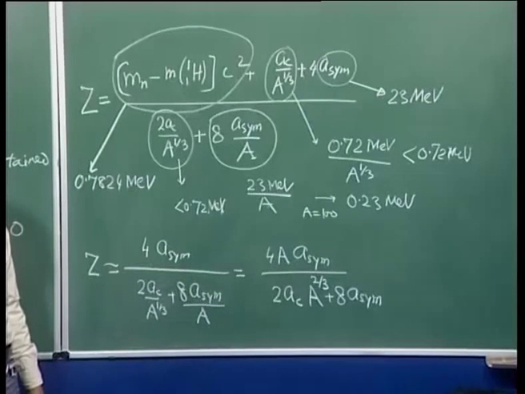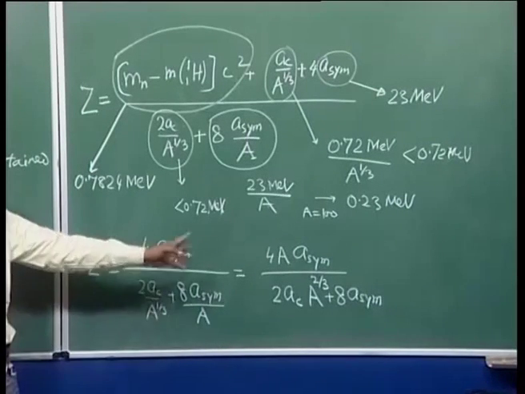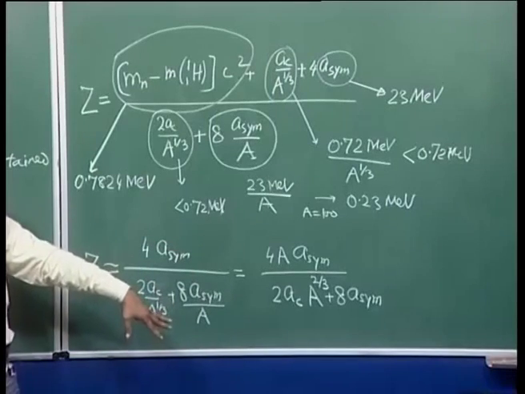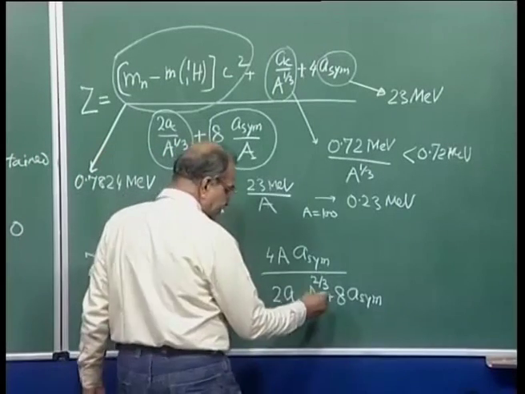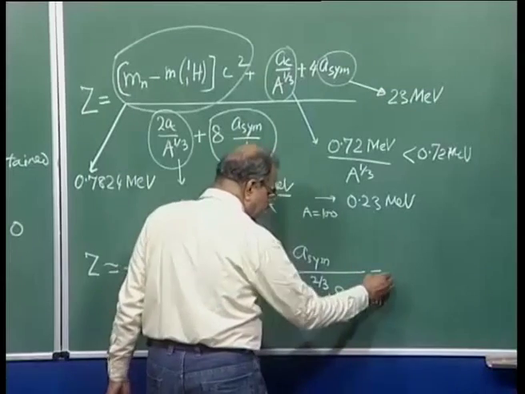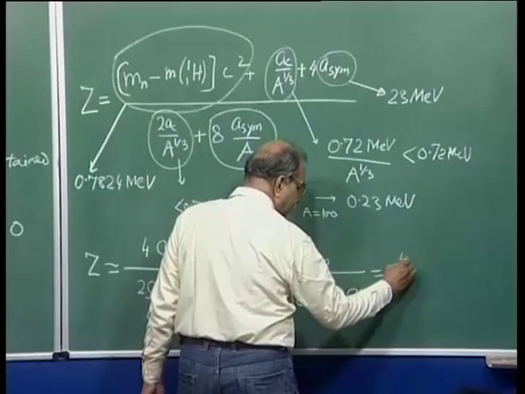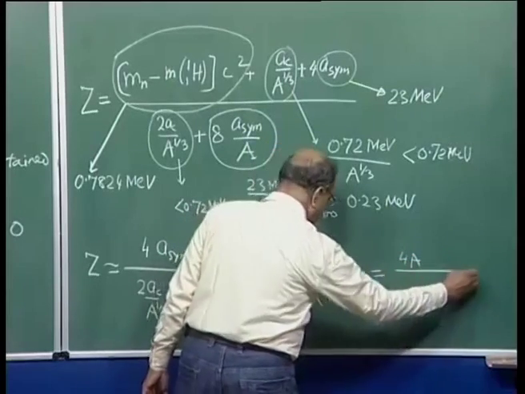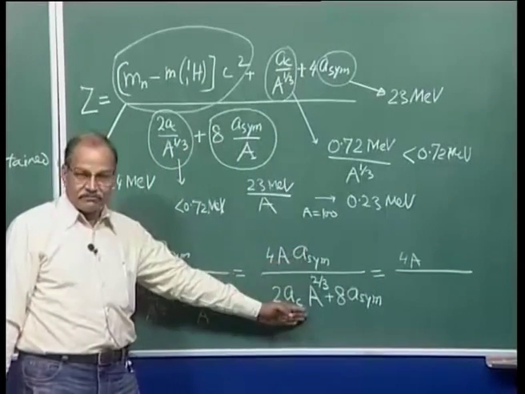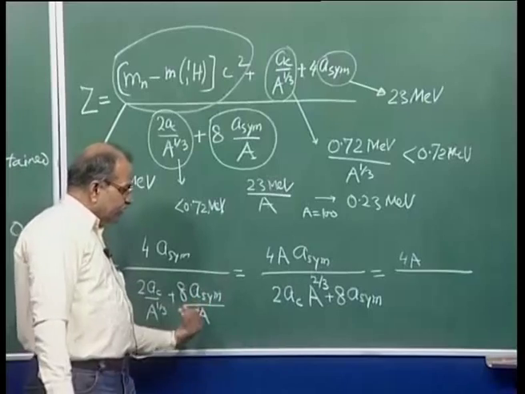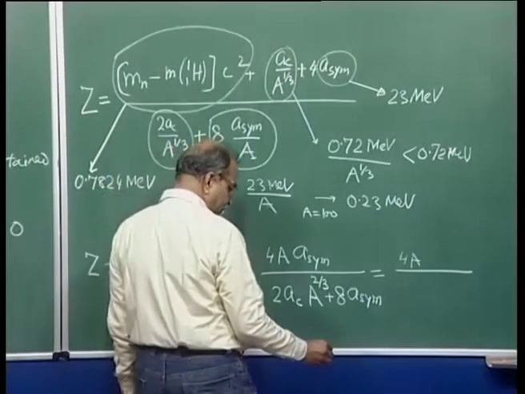Now, divide by this asymmetric first, and let me also take 8A common from here. So this is 4A asymmetric, I am dividing both sides, and let me do it one by one.